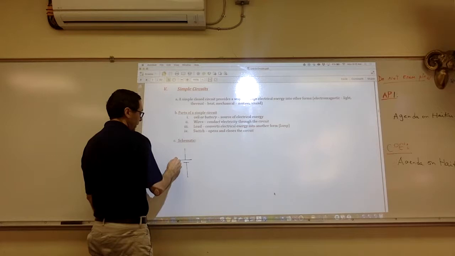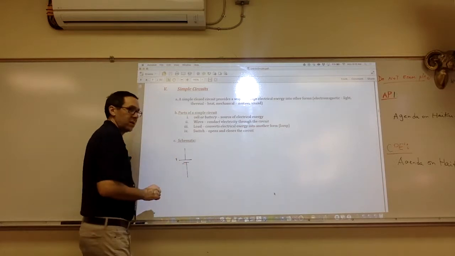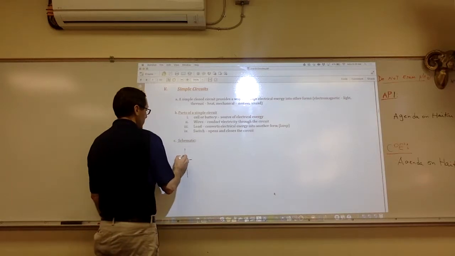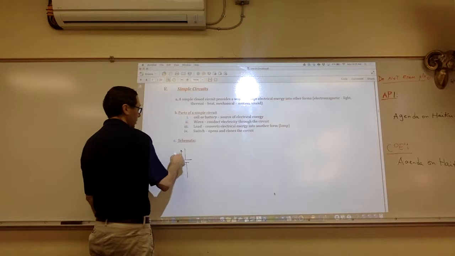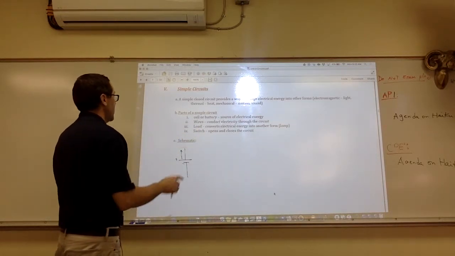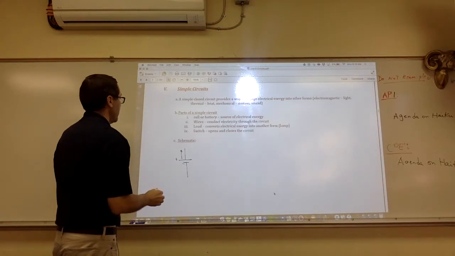The long line is the plus and the short line is the minus. Conventional current flows from plus to minus. It goes around the loop, but it originates at the plus and it goes around and it comes back to the minus and it just continues in that loop. It goes through the battery and it continues.